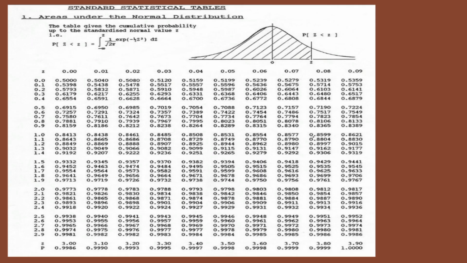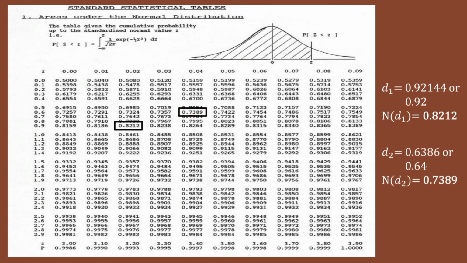So after getting the d sub 1 and the d sub 2, we will now get the areas under a standard normal distribution curve. So for d sub 1, we will locate the 0.92, and then we have here the probability that will occur in a standard normal distribution. For d sub 1, we have 0.8212.